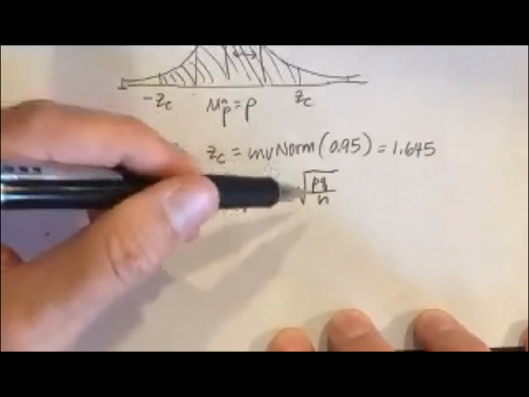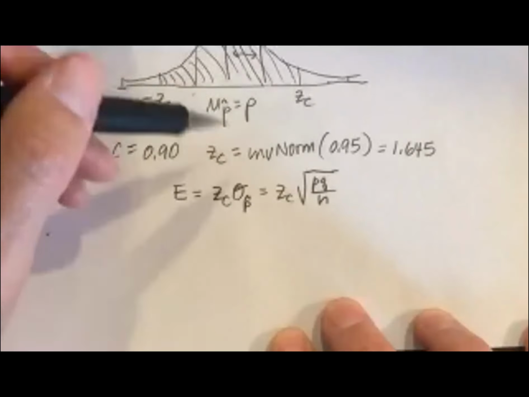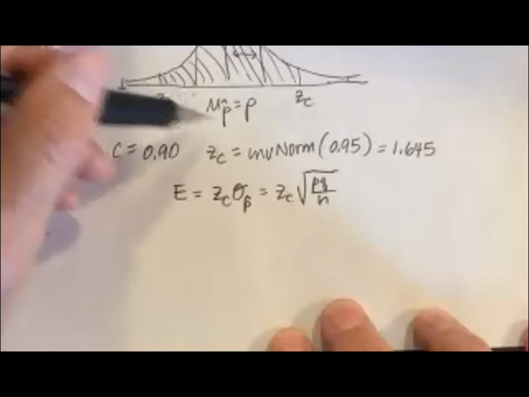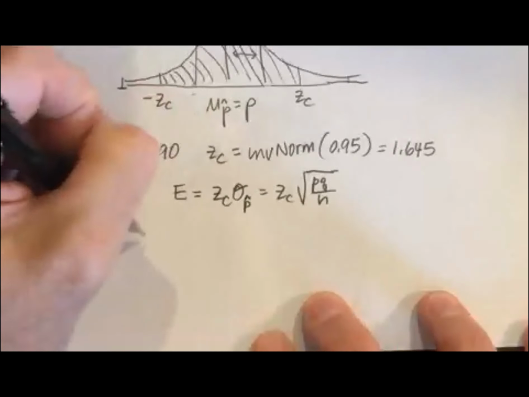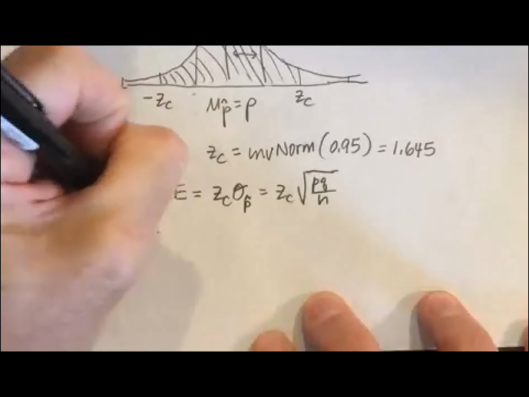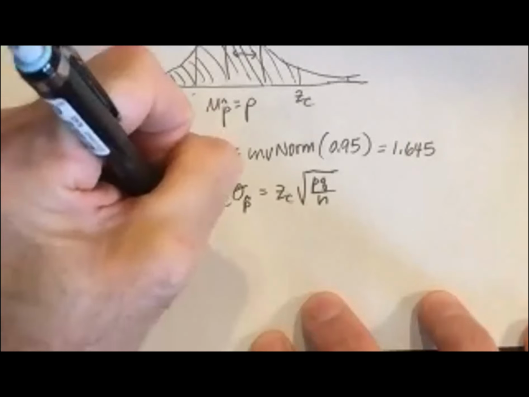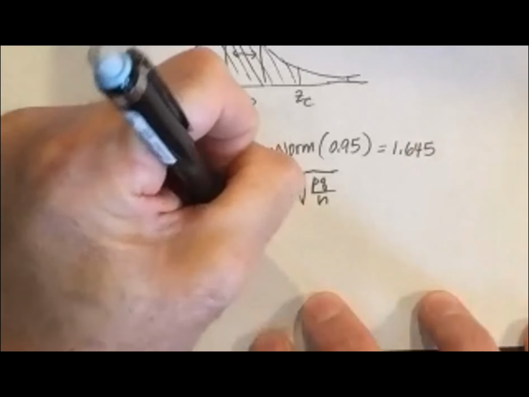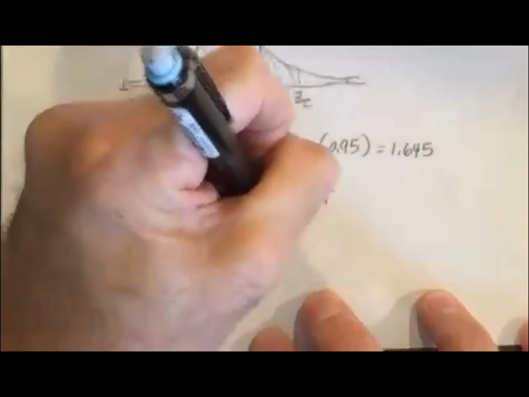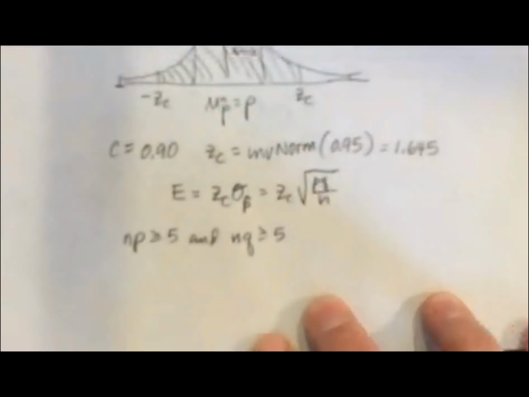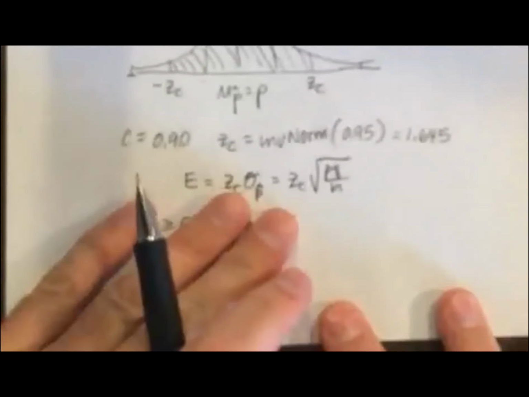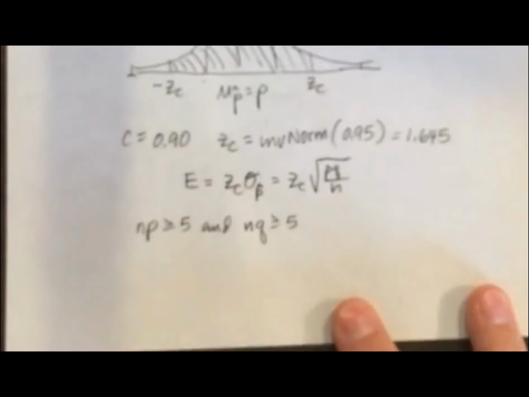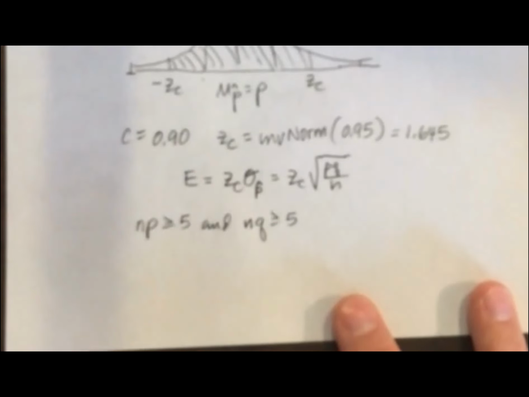But it turns out that for population proportions, it'll still be normally distributed given that the sample size is big enough. So we're going to check that NP is greater than or equal to 5 and NQ is greater than or equal to 5. And if that's true, then our distribution will still be approximately normally distributed, and we should be good to go.